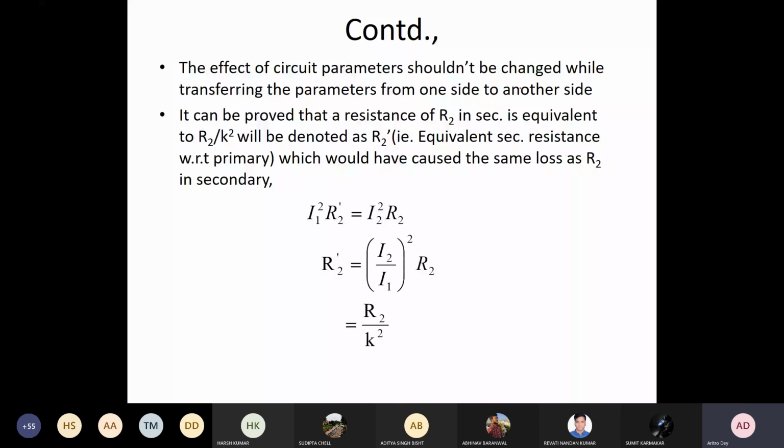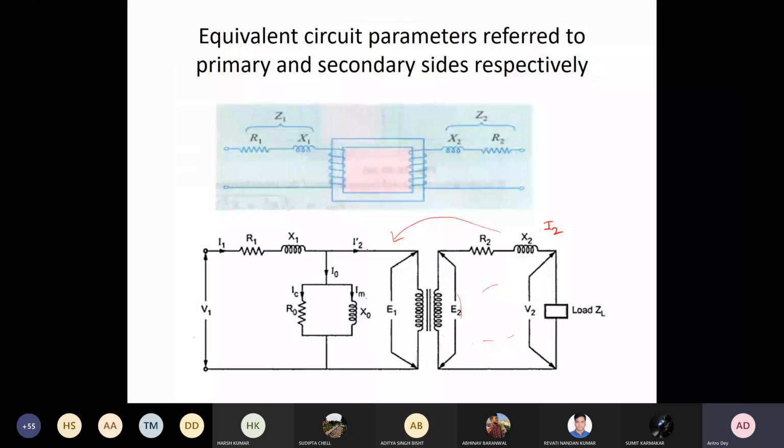So the resistance effect should not be changed, when I1 square R2 dash is equal to I2 square R2, right? This is your secondary, which I want to refer in terms of primary. So we are changing R2 to the primary side, and that's why we write R2 dash. Just like the secondary current I2 is changed to I2 dash in the primary, in the same way we want to change R2 to the primary side.